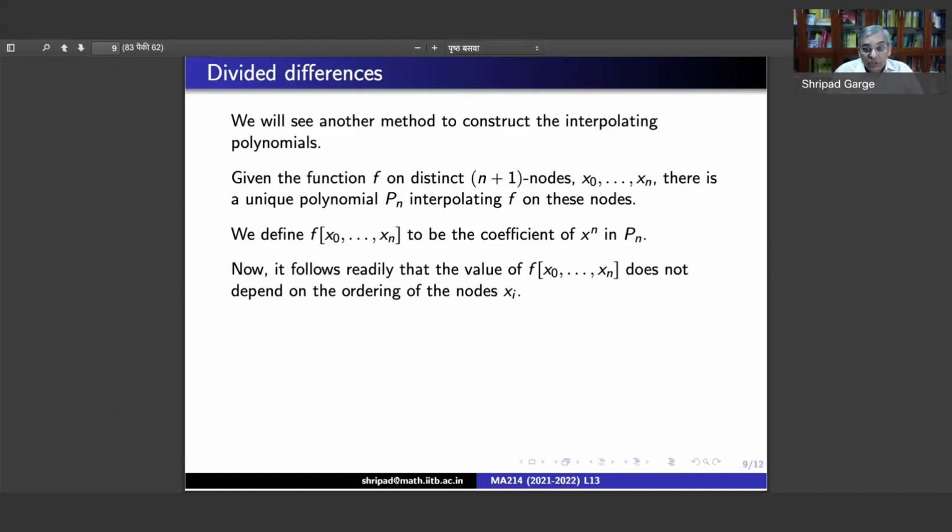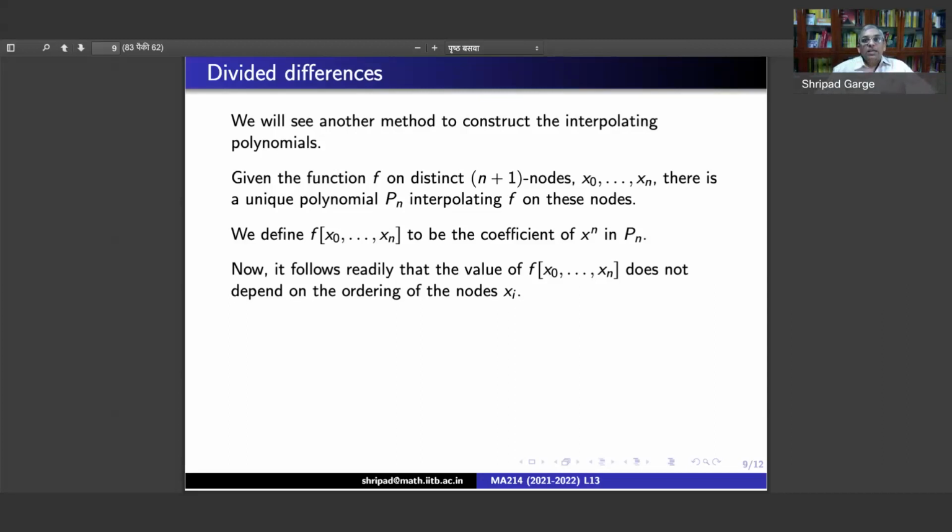Now it readily follows that this value does not depend on the ordering of the nodes. Meaning if you call your x2 as x0, write its value there and then compute the polynomial, the function value on x2 is not going to change. If you call x2 by x0, then f of x2 will become f of x0.